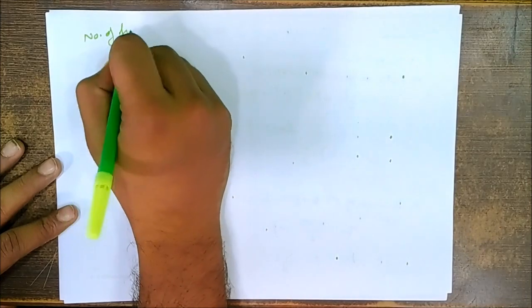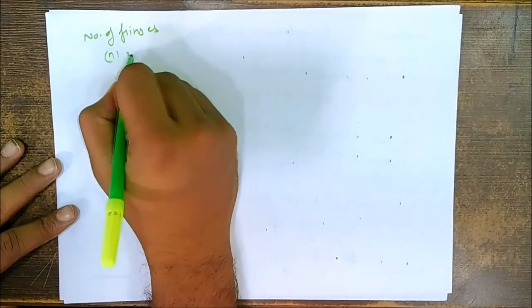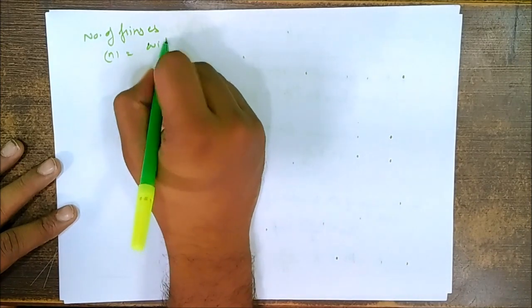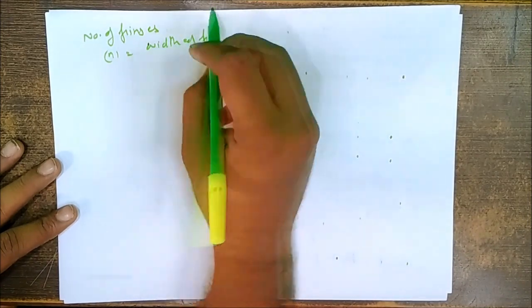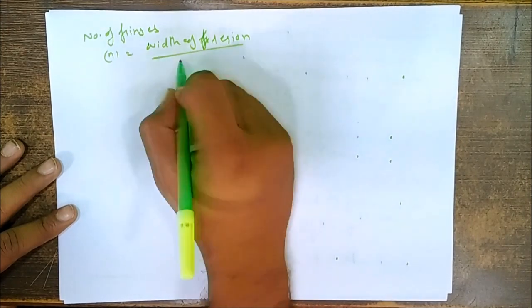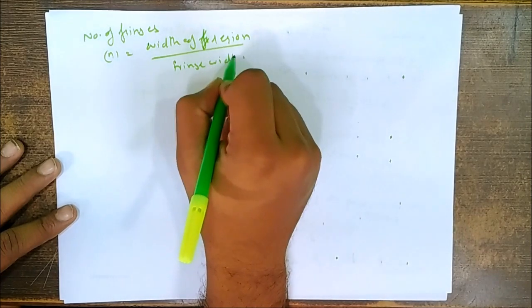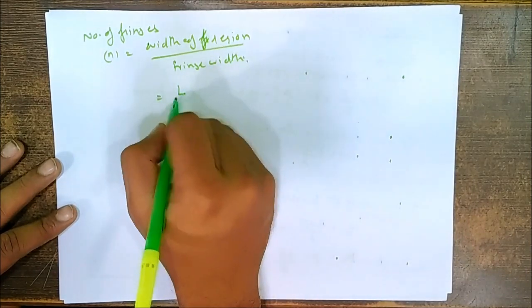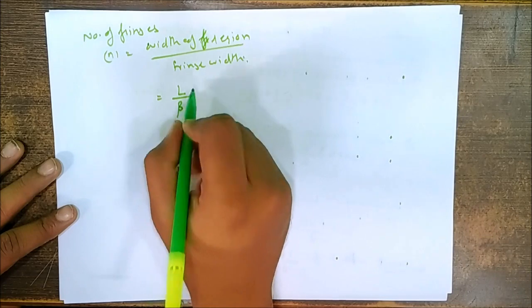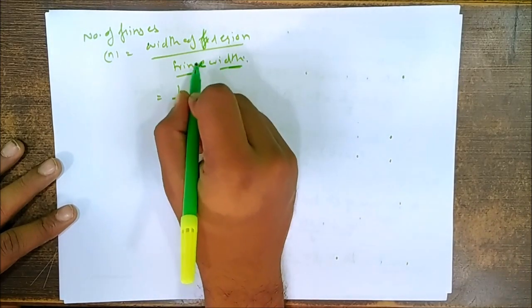Number of fringes is n is equal to width of region upon fringe width, which is equal to L upon beta.